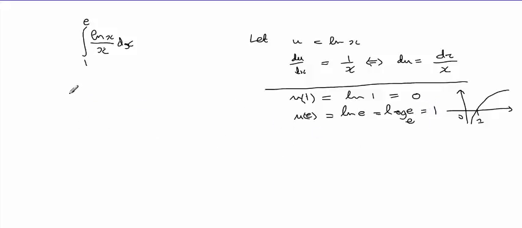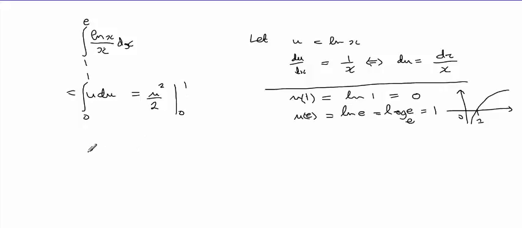So now, having changed the limits of integration and having our substitution there, we can write here the integral of u du from 0 to 1. Then you can see that this is a simple power rule. Then we integrate this as u squared over 2, and we evaluate it between 0 and 1.